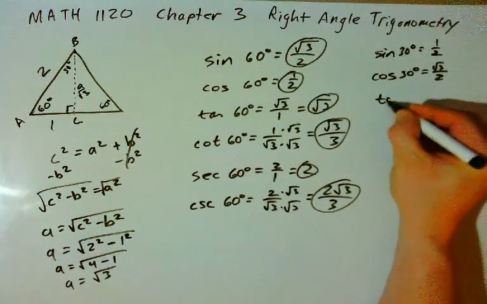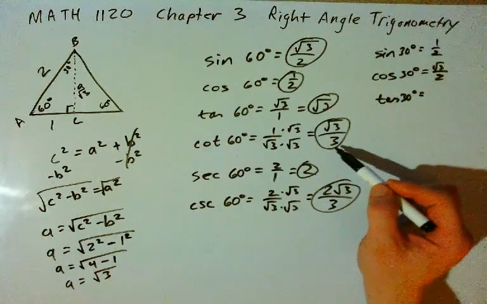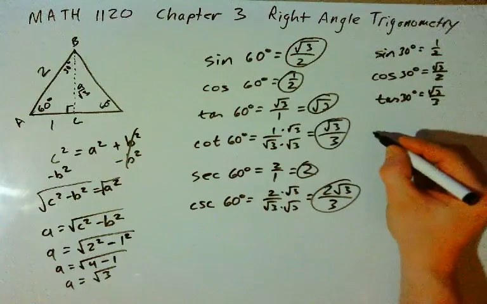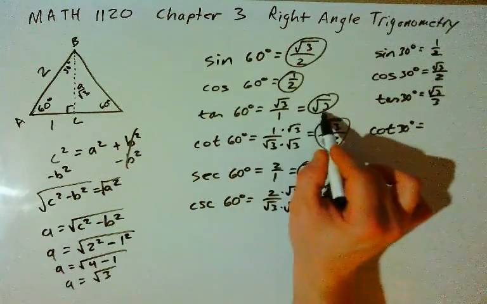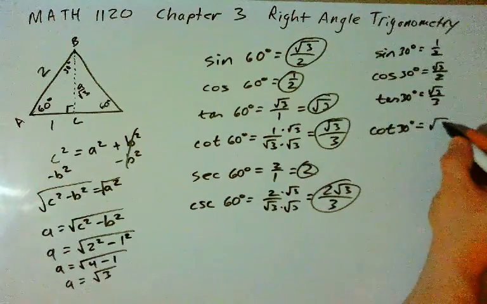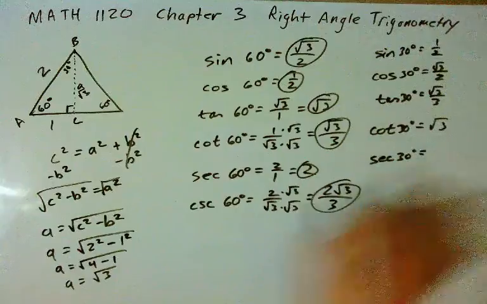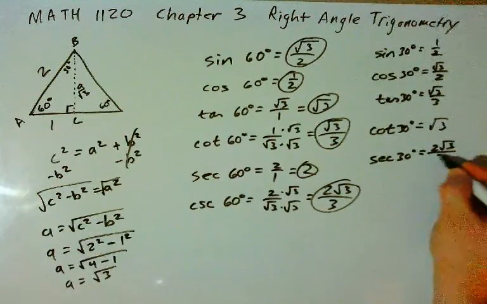And the tangent of 30 degrees is going to be equal to the cotangent of 60, which is radical 3 over 3. And the cotangent of 30 degrees is going to be equal to the tangent of 60 degrees, which is radical 3. And the secant of 30 degrees is the same as the cosecant of 60, so that'll be 2 radical 3 divided by 3.